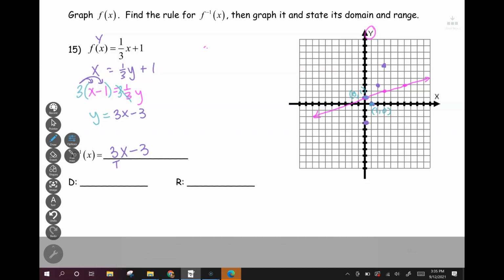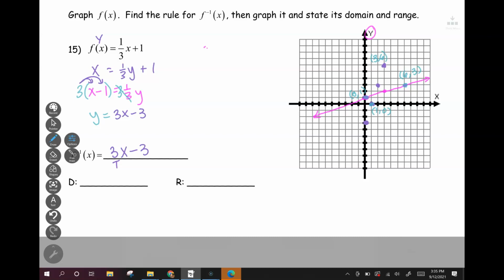Let's pick another point, this point here. That is at 3, 6. So what point should be on my inverse? 6, 3. And there it is.